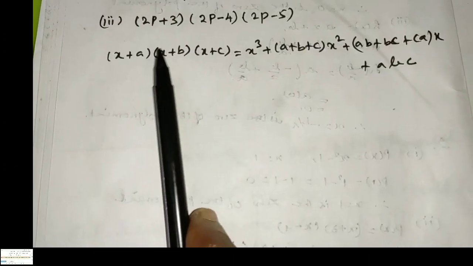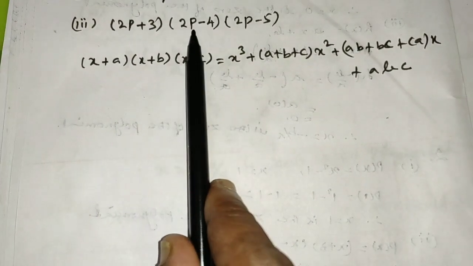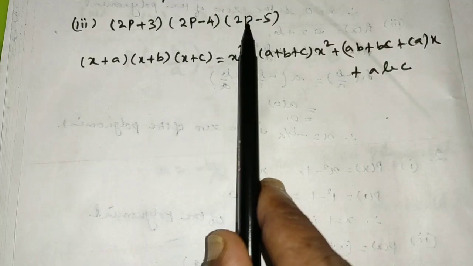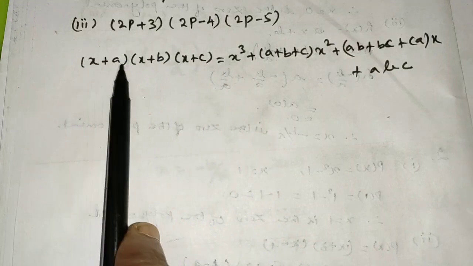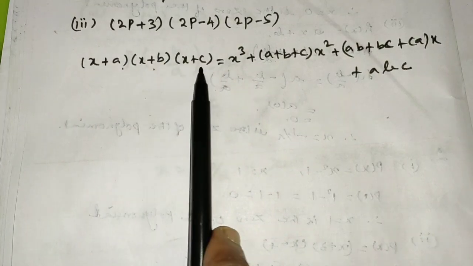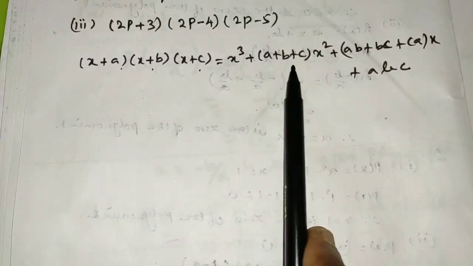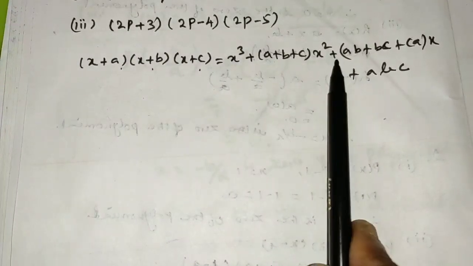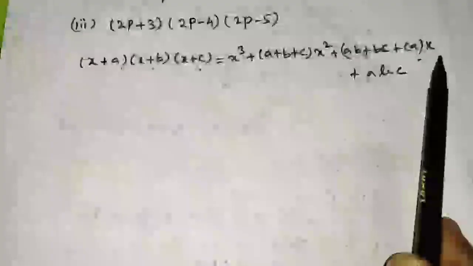Now we are going to do the third sum, which is 2p plus 3 into 2p minus 4 into 2p minus 5, which is in the form of x plus a into x plus b into x plus c. The expansion of this is x cube plus a plus b plus c into x square plus ab plus bc plus ca into x plus abc.